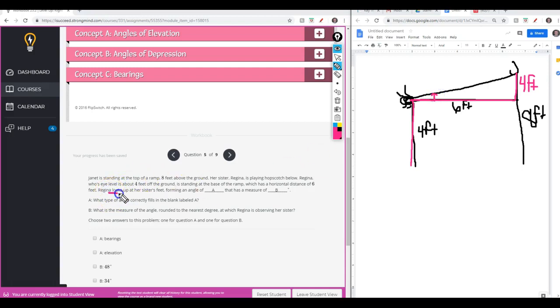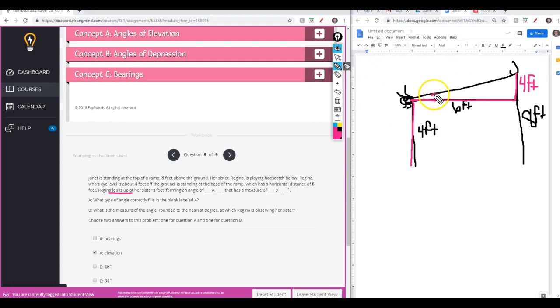It says Regina looks up. There's the key word for elevation. Elevation means you're looking up, just like when you go up a mountain, you're changing elevation because you're getting higher. So that is elevation. A mountain has a higher elevation than we do.